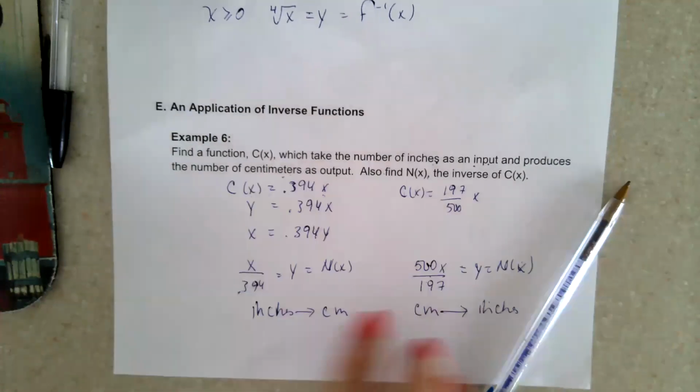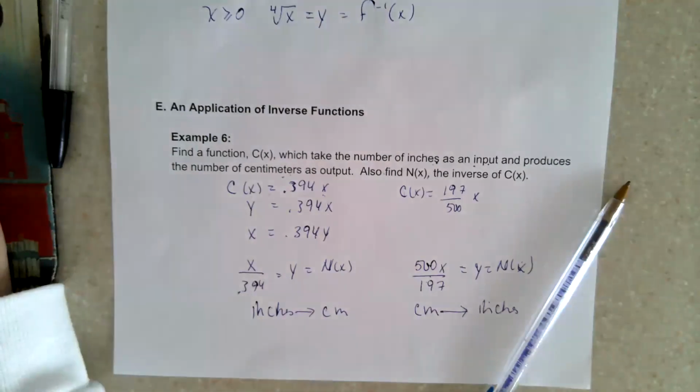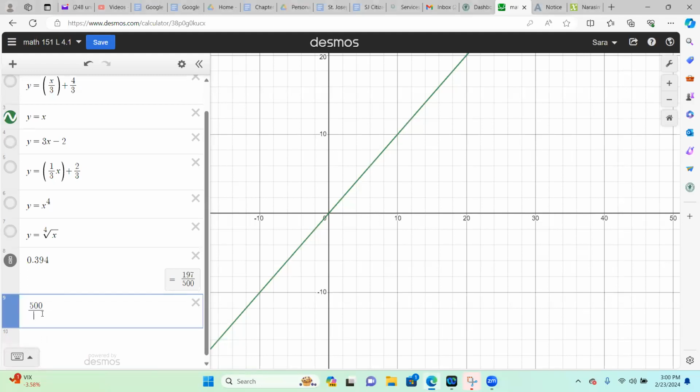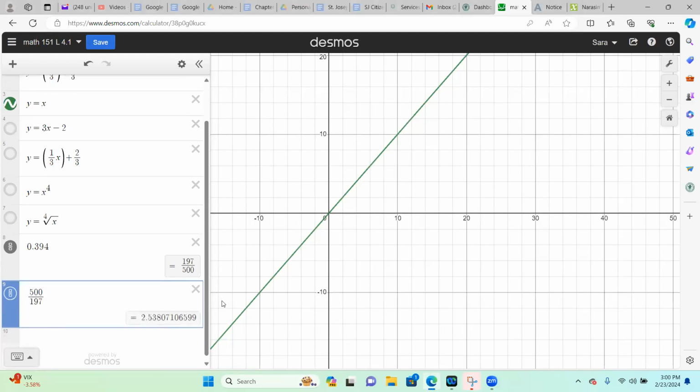And then let's write that as a fraction. Let's go to Desmos here. And we'll write it as 500 divided by 197 is 2.54.